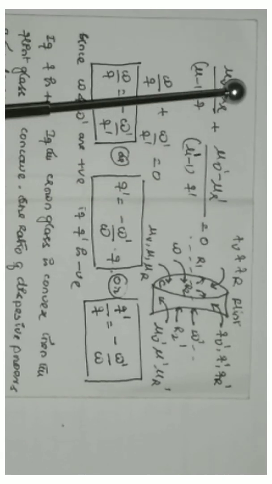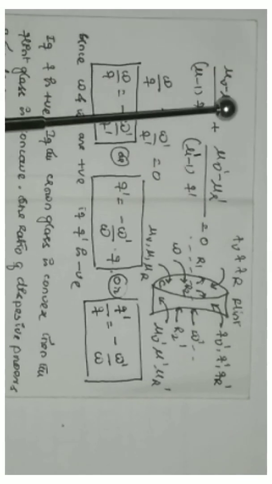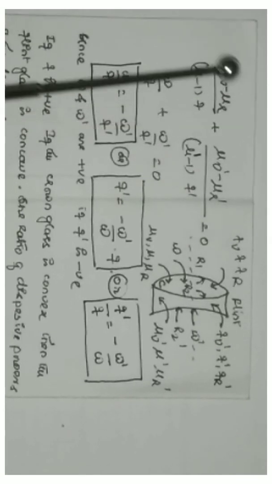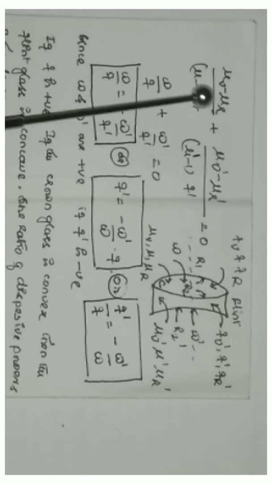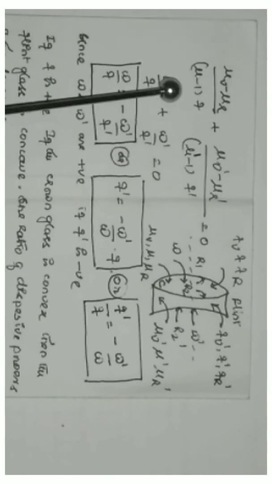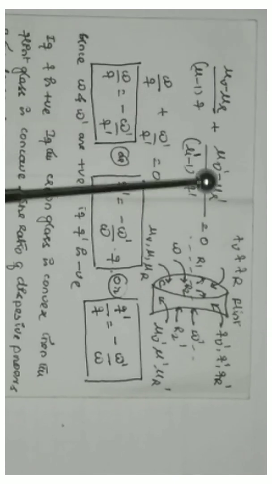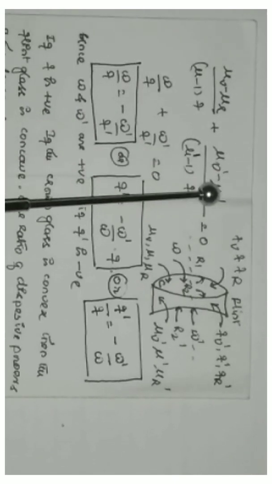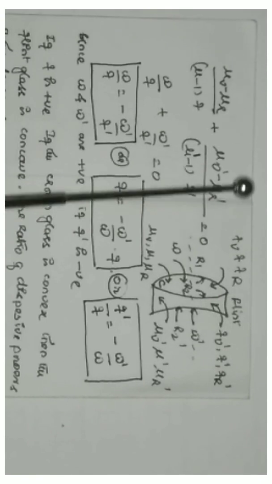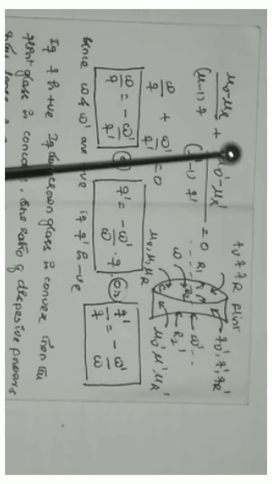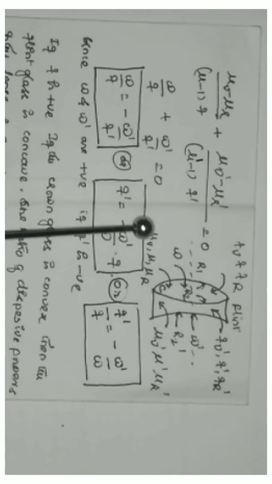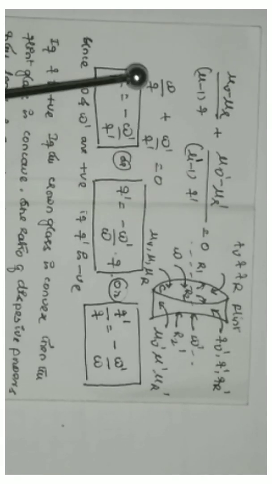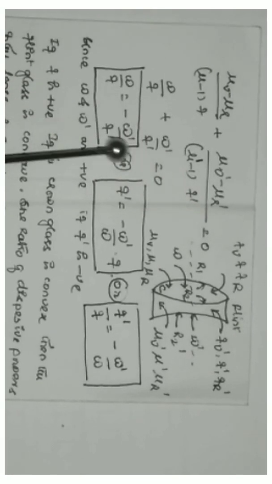As we all know, this term (μv - μr) by (μ - 1) is referred to as the dispersive power for the convex lens and is given by ω divided by F, plus this term (μ'v - μ'r) by (μ' - 1), which we can consider as ω' by F', that is equal to 0. That means ω by F is equal to minus ω' by F'.